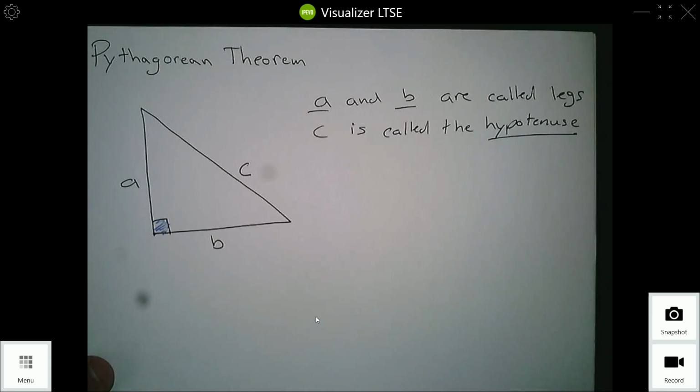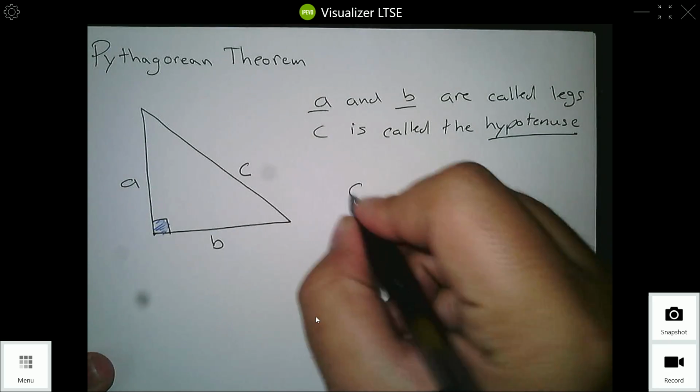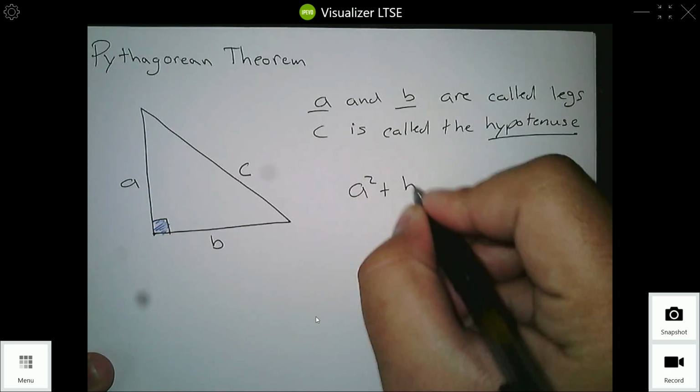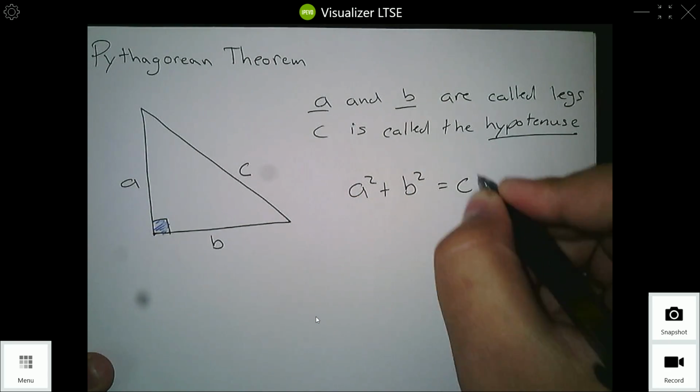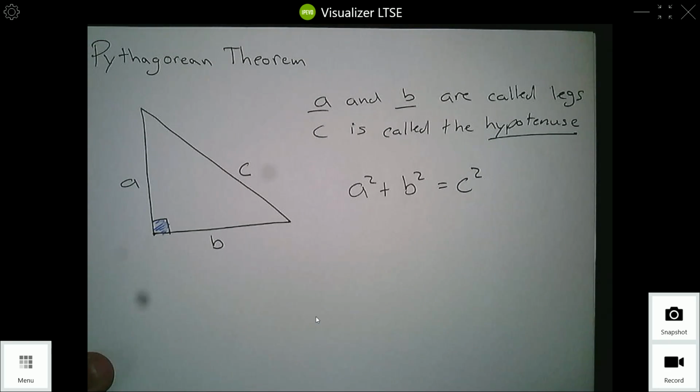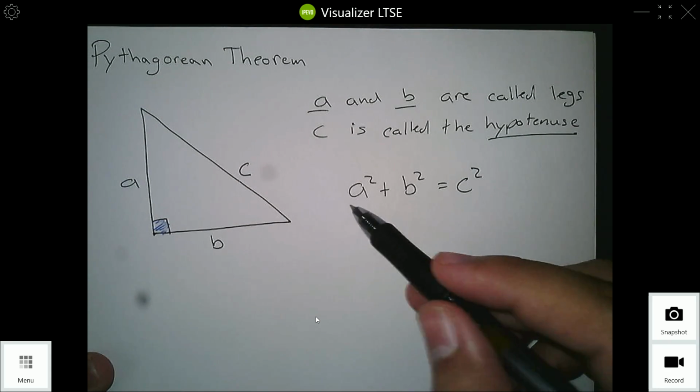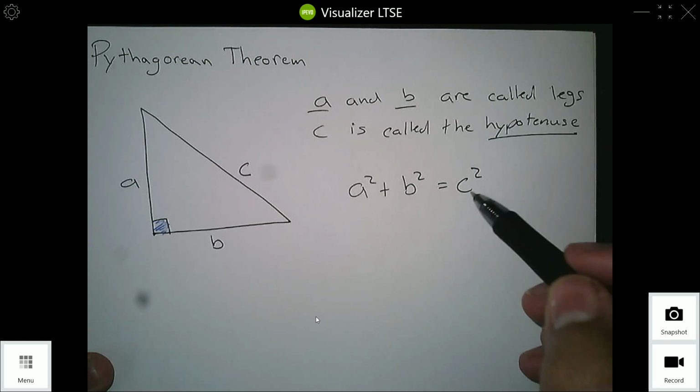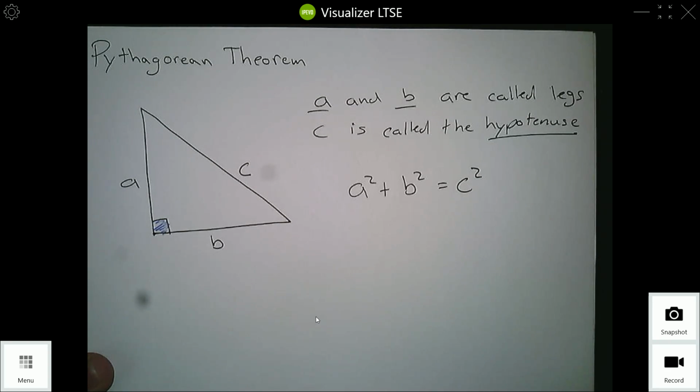The general equation we have for Pythagorean theorem is a squared plus b squared is equal to c squared. So that allows us to solve for any side, any leg, or the hypotenuse, depending on the situation.